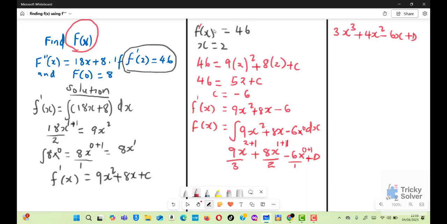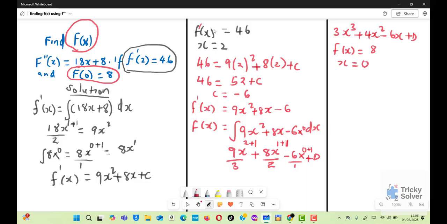Now, to get this d, we are going to use another condition that we are given, which is f of 0 is 8. It means that in this function f of x, the value of the function is 8 when x is 0.